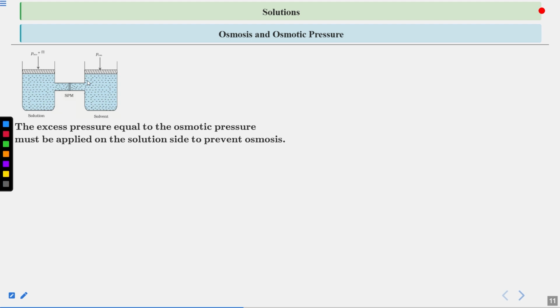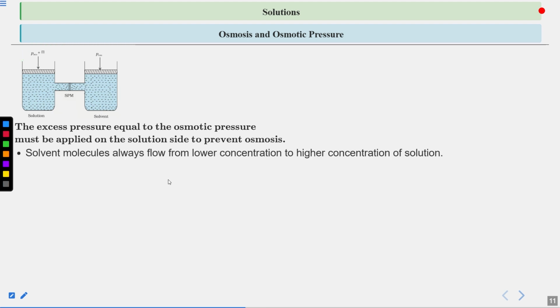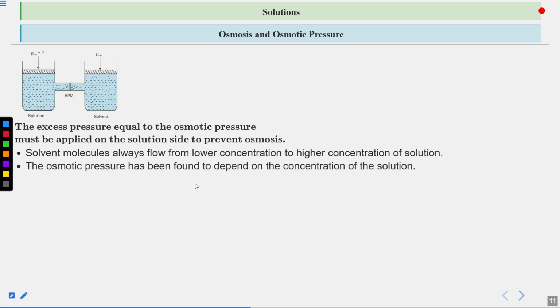Now if we apply a pressure which stops this flow, then that pressure is called osmotic pressure. It is very simple to understand. The pressure that is applied to stop osmosis is called the osmotic pressure. We know that the solvent molecules present here will always move to the solution part, and it is happening due to some sort of osmotic pressure.